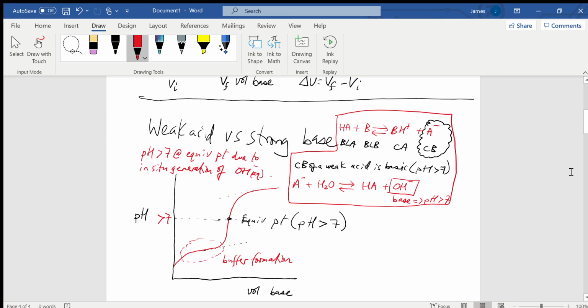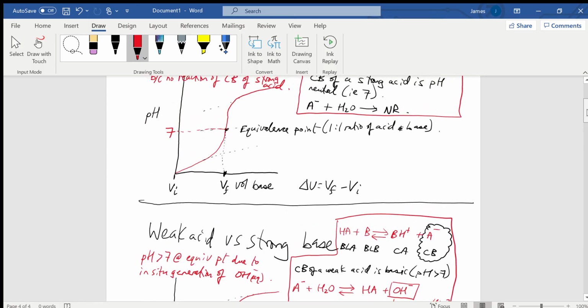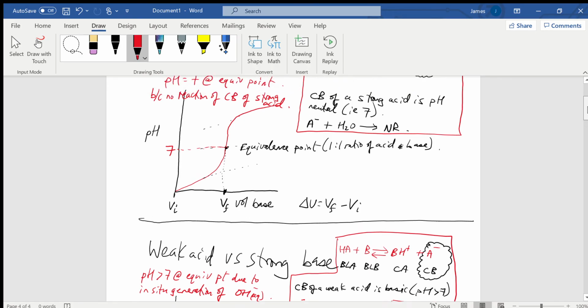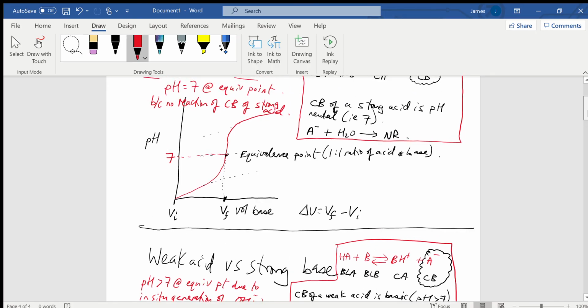But notice that the slope decreases, it flattens out, and that's because the buffer that you've formed is trying to resist further pH change. Eventually we overwhelm the buffer, but that hump feature and the pH at the equivalence point greater than 7 are telltale signs that you have a weak acid instead of a strong acid. Notice there is no such buffer feature with a strong acid. Okay.